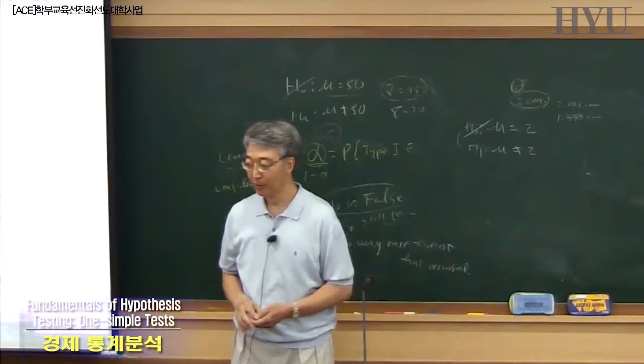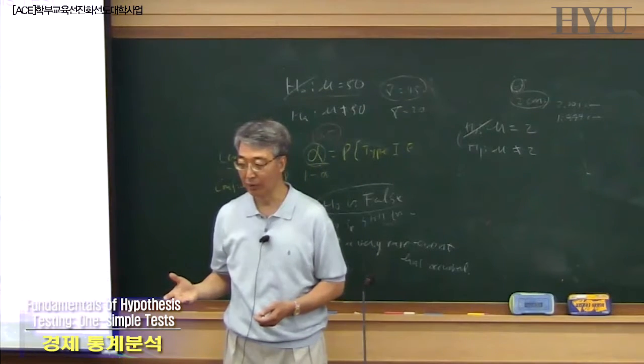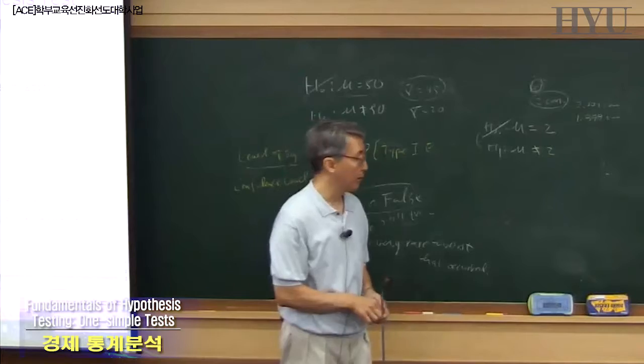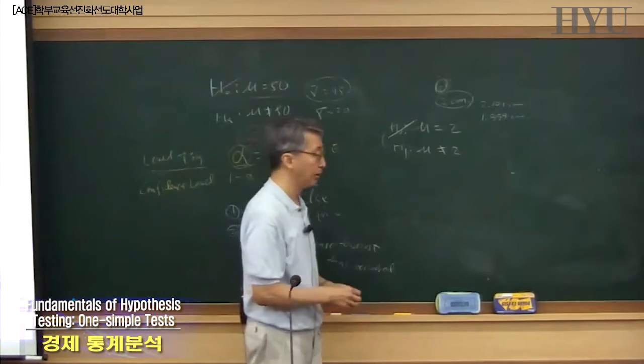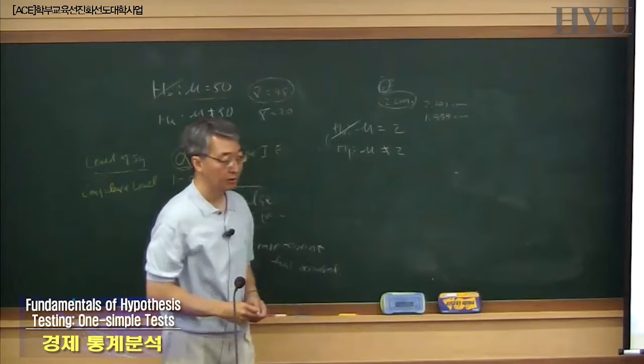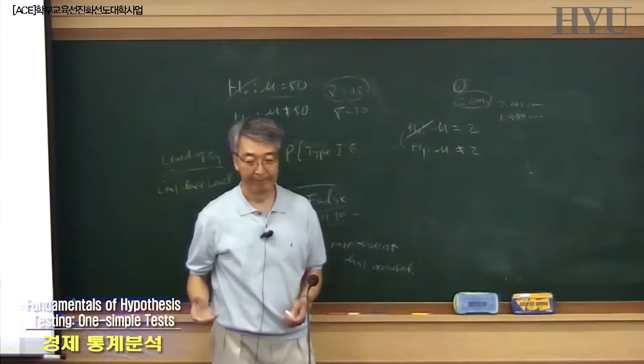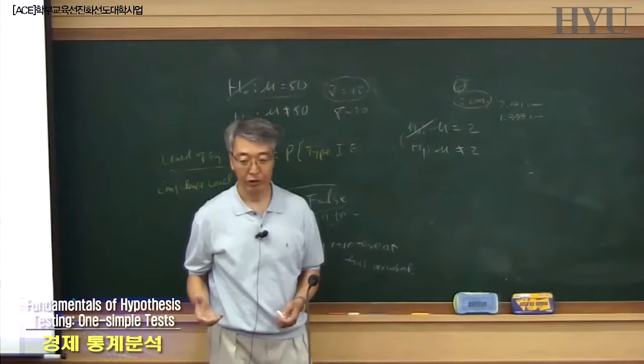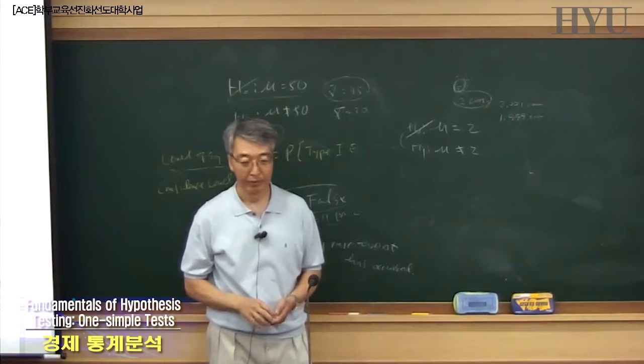So if you're the production manager and your quality control people say, hey, we took some samples and measured and ran this test, and we rejected the null hypothesis. What is your action? What should you do? What does that mean in a production setting?